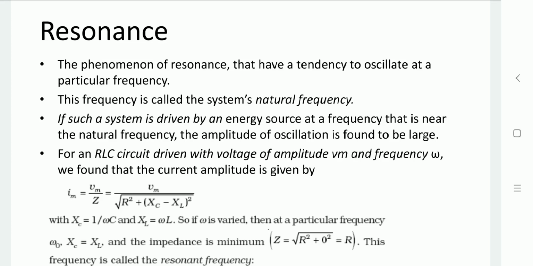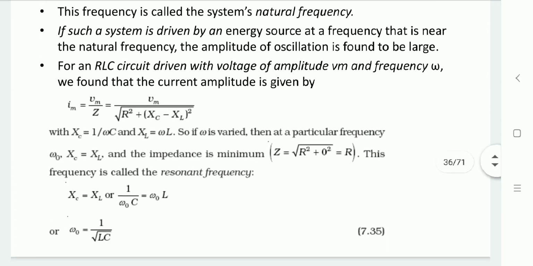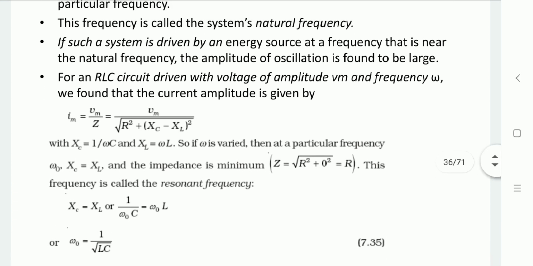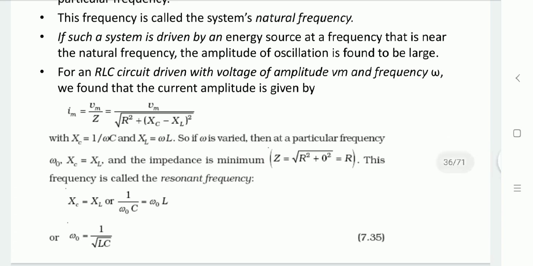So to get the maximum amplitude of oscillations at a particular frequency, we are supposed to choose the condition Xc equal to XL to get a minimum impedance R, and from that we get a maximum current Im. That particular frequency is known as the resonant frequency. So the resonant frequency condition is Xc equal to XL.